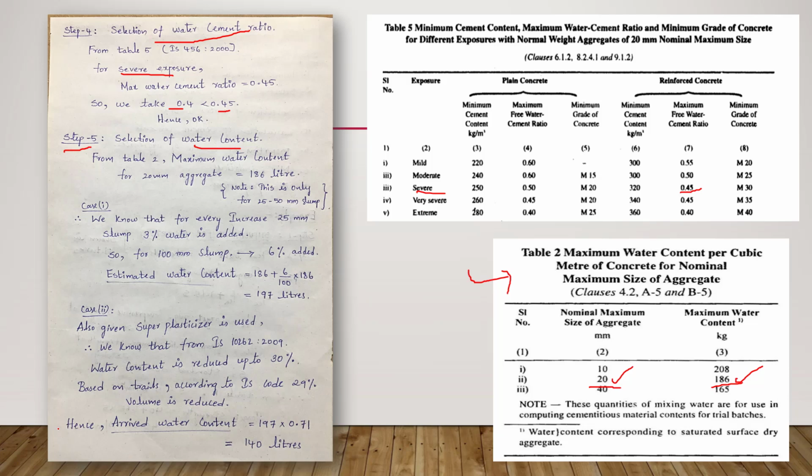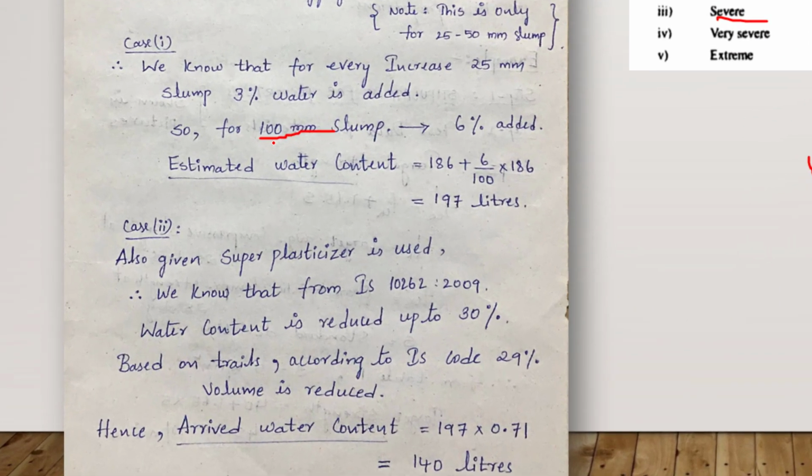We do the slump test for workability, so a slump of 100 means a good workable concrete. Based on workability we decide the slump range. For 100 mm slump, 6% has to be added according to IS 10262. So the estimated water is 186 plus 6 by 100 into 186, which gives 197 liters.